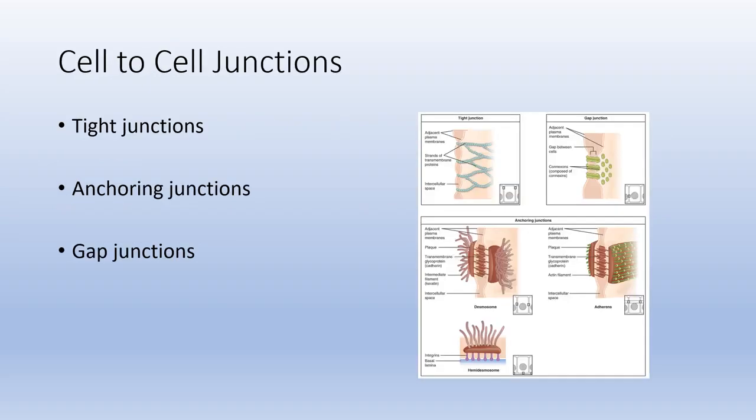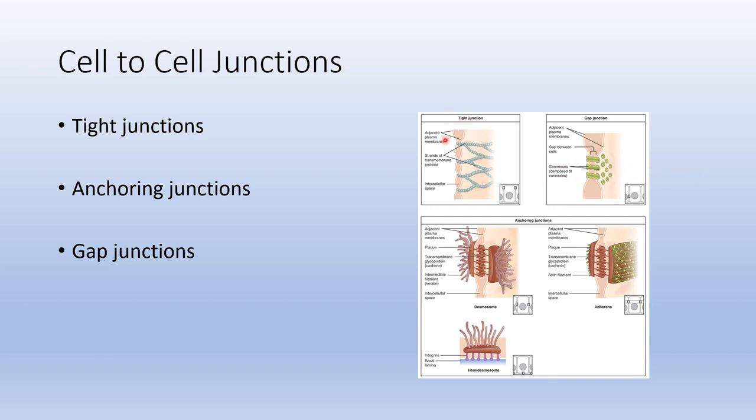Epithelial cells tend to have what we call cell-to-cell junctions, a means of connecting the cells together. There's three main types of these: tight junctions, anchoring junctions, and gap junctions. Gap junctions look like little pores, as you can see over here, between adjacent cells, so fluid can flow between them.